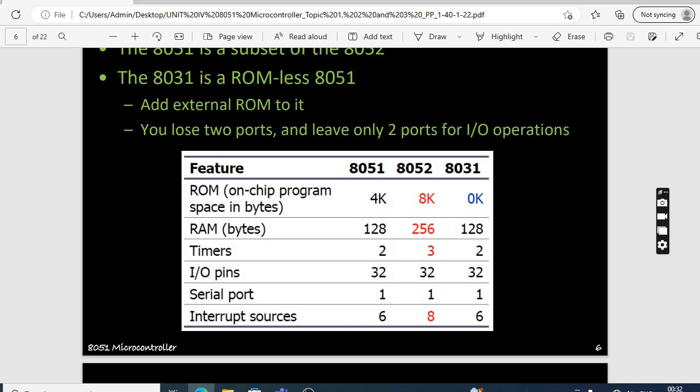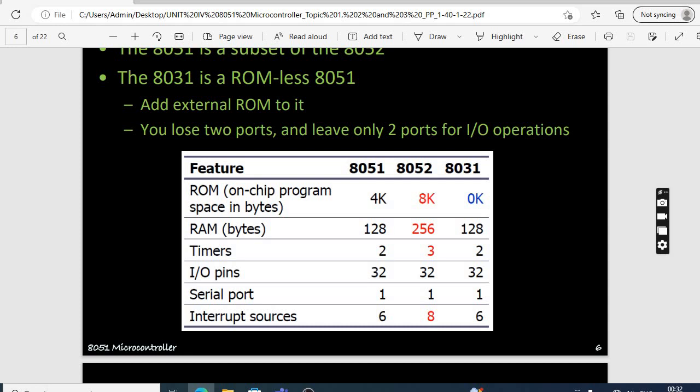As we are talking about the 8051 microcontroller, a similar version of the microcontroller is also available, which has the same existing features, namely input IO ports, RAM, ROM, IO pins, serial ports, interrupts, as well as timers.